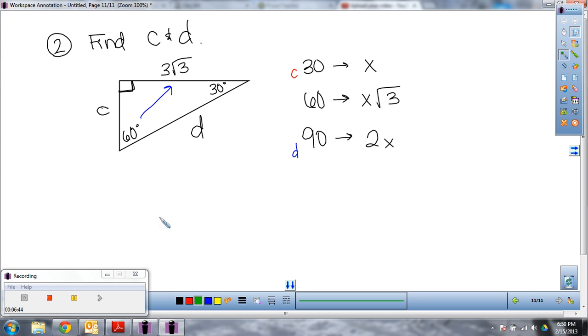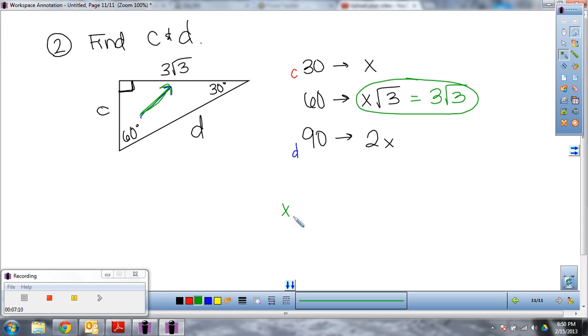So we know that 60, which is represented by x square root of 3, is equal to 3 square root of 3. Now, we're going to have to do a little work before we can find our x, which is going to help us find our 2x. So we use this equation to help us solve for x so that we can find c and d.